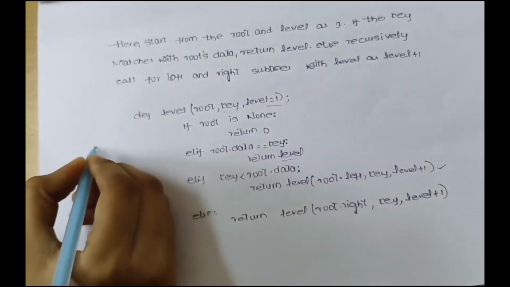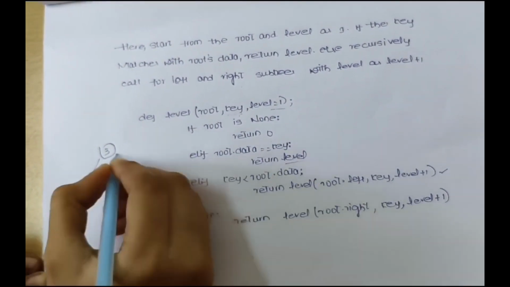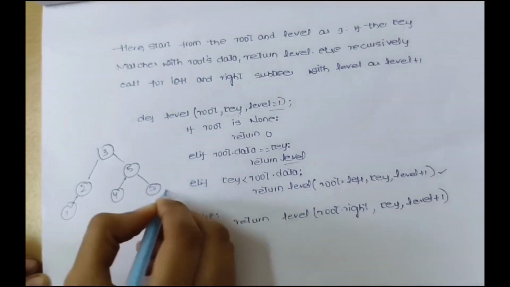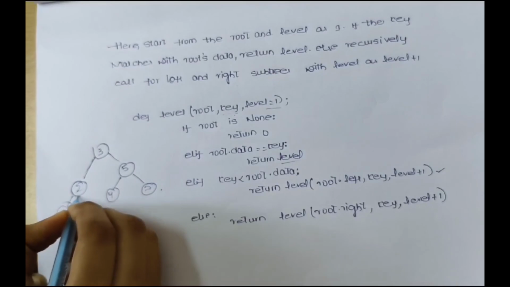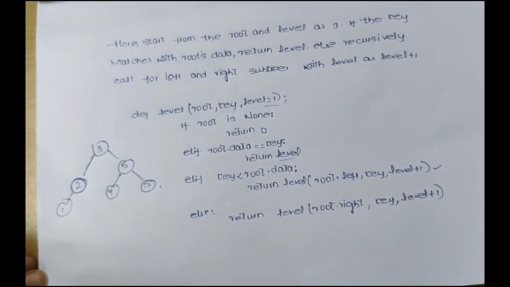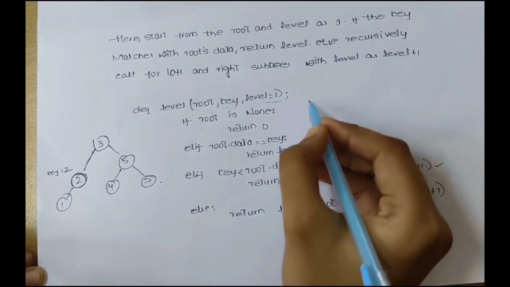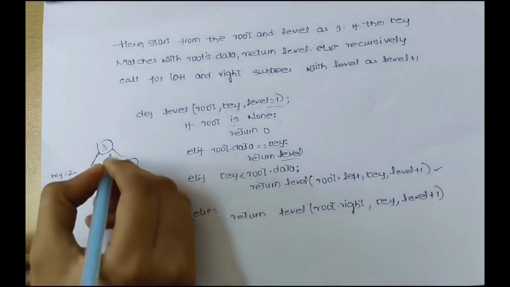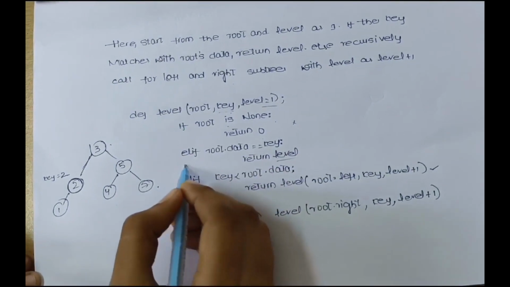So here we take the example of 3, 2, 1, 5, 4, 7. So this is the binary search tree. Suppose we want to know the level of 2. So here key is 2. And here we check the conditions. If root is none, root is not none, so this condition is false and the cursor comes here.